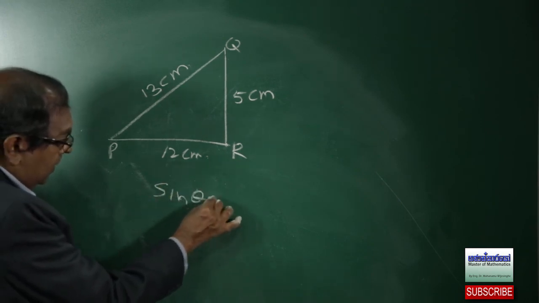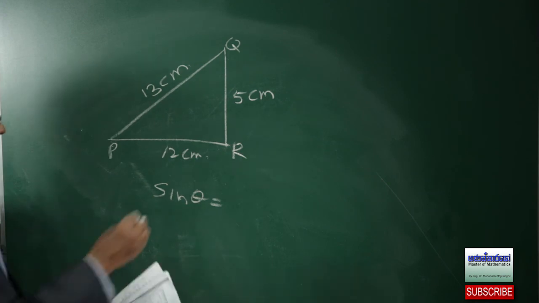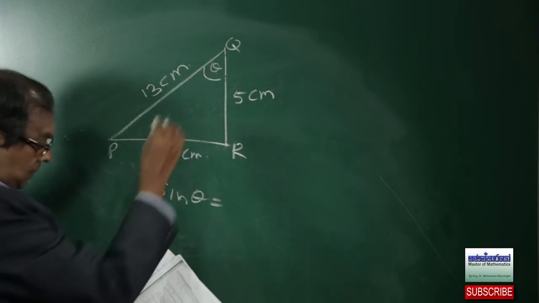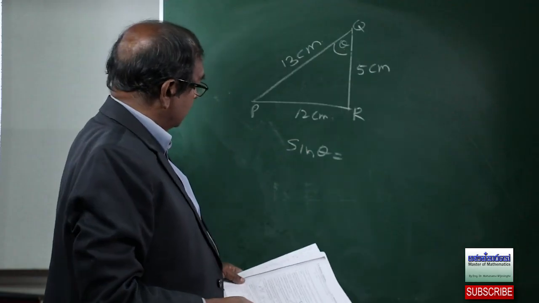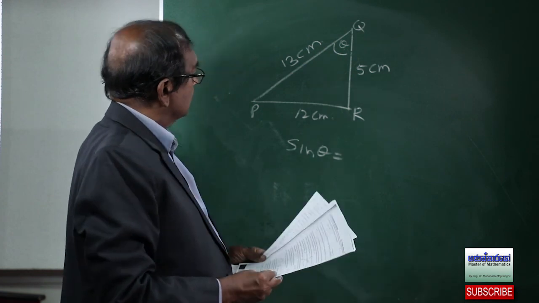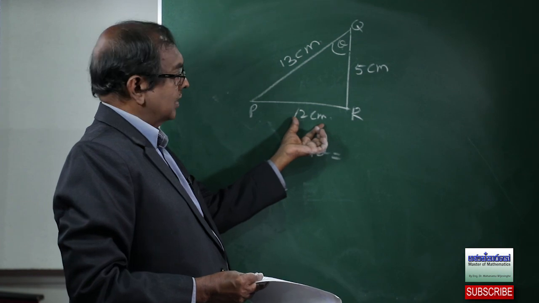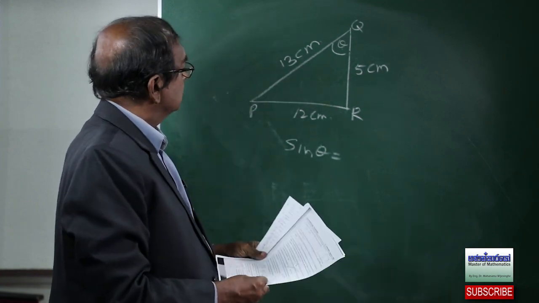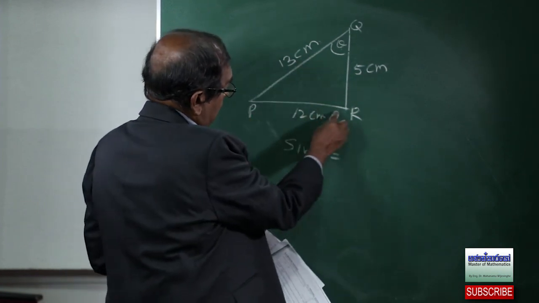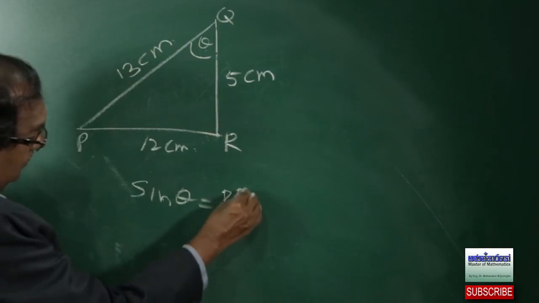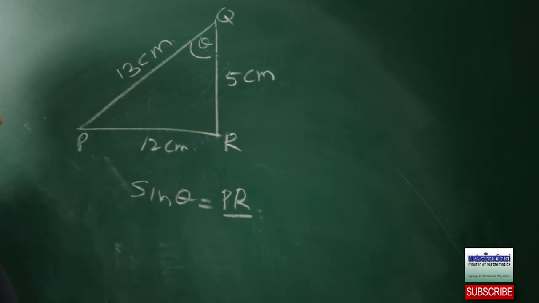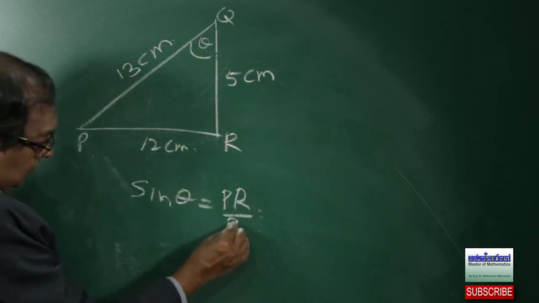Sin theta equals, for the theta here, opposite side and hypotenuse ratio. That means PR divided by PQ.